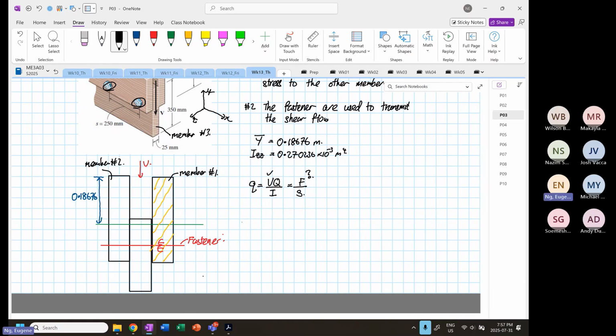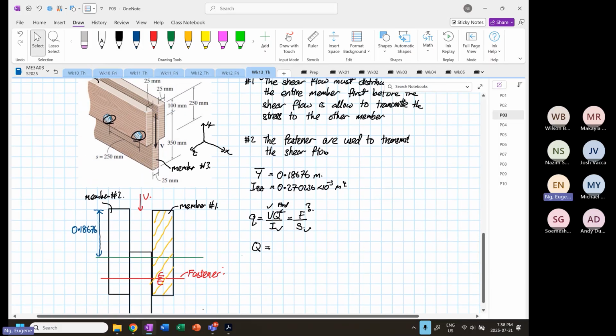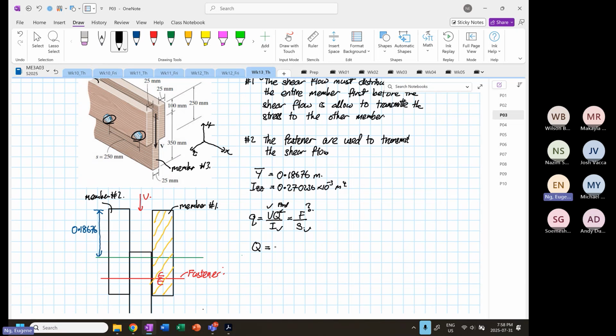So we are given V, I, S. We have to find what is Q. Okay. So from here, Q will be equal to the width, 0.025. Let me see. Yeah, the width is 0.025.